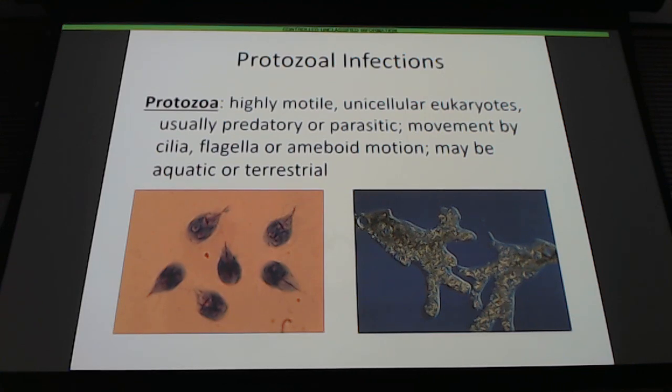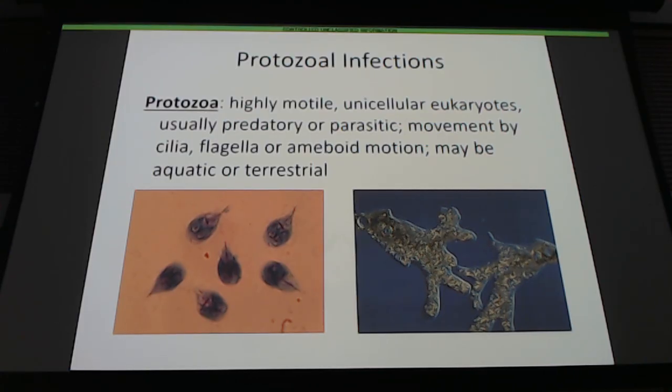These guys do play an important role in the environment. They maintain microbial balance, and they break down a lot of the decaying organic matter, releasing those nutrients back into the environment. So they do some good things for the environment.